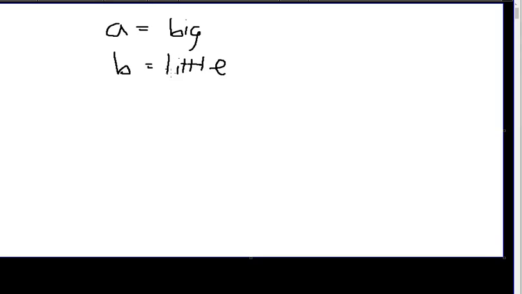So what the golden ratio tells us is the big side, A, divided by the little side is the same ratio as when you put them both together. Algebraically, we say A plus B, that's the small and the big together, is to the big side. And this is phi.